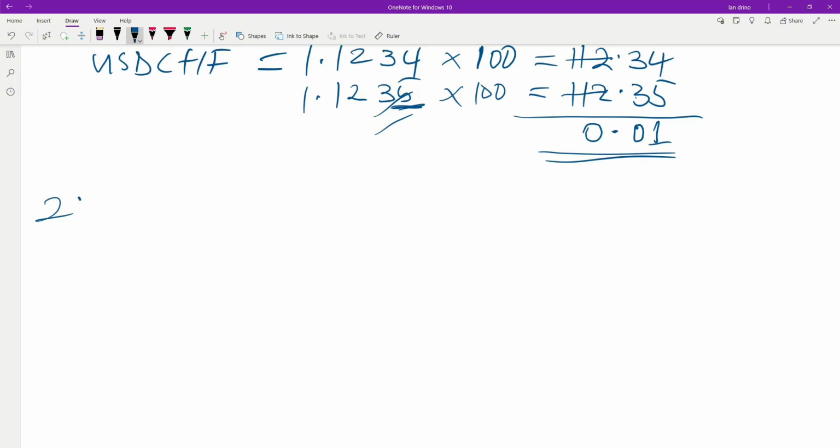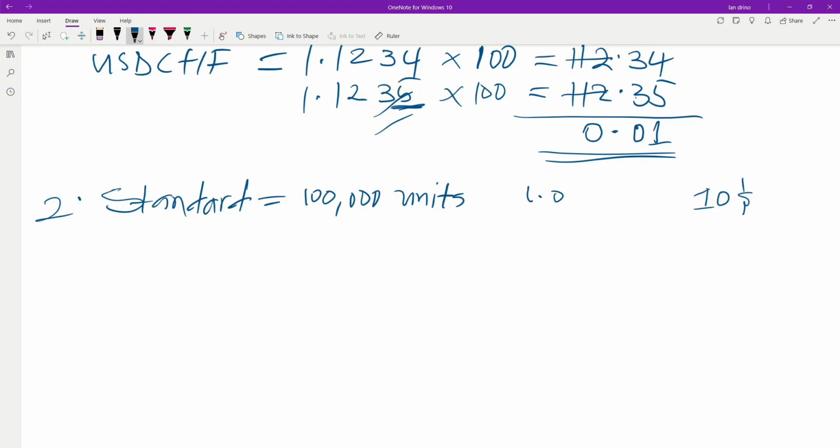For a second method, let us assume that for a standard account again, which is equivalent to 100,000 units of currency, and the trading volume is 1.0, the value per pip is always 10 United States dollars.